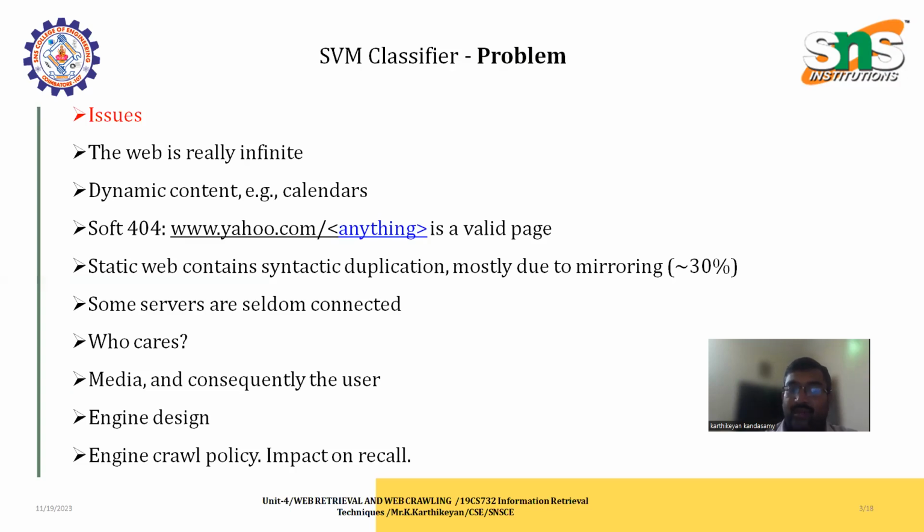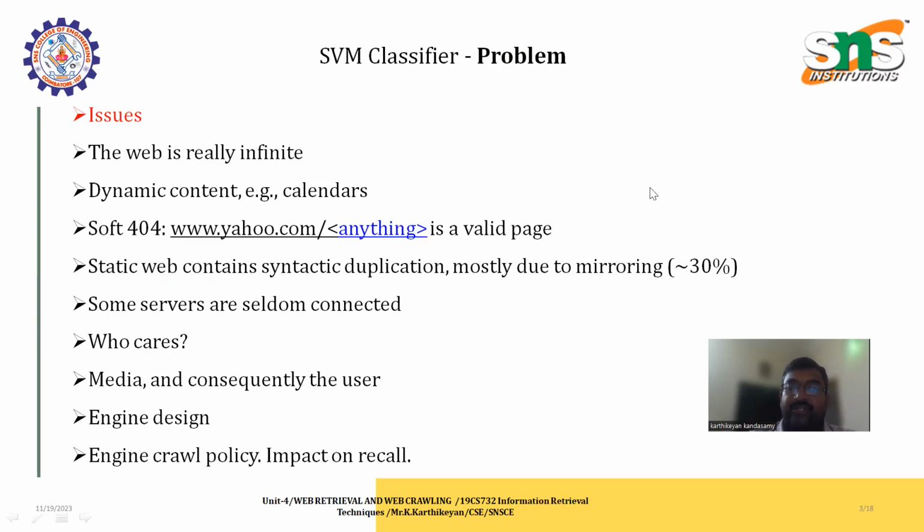Some servers are seldom connected. Who cares? Media, and consequently the users. Then engine design, engine crawl policy, and impact on recall. These are classified based on an SVM classifier in information retrieval techniques based on cluster architectures.